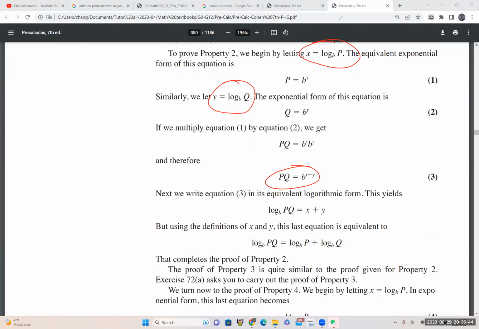Then what do P and Q mean? So we already get this, right?